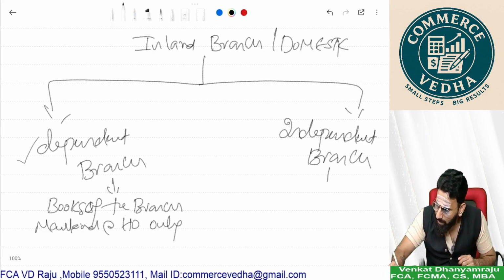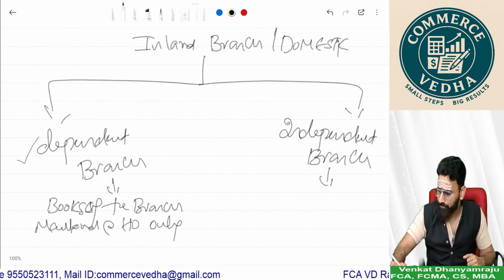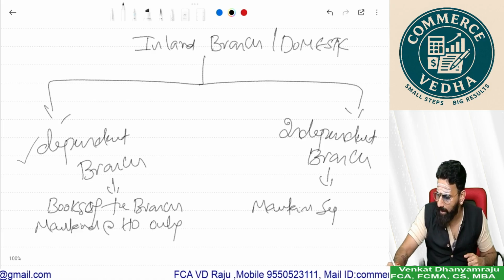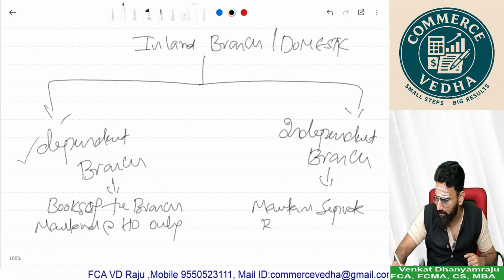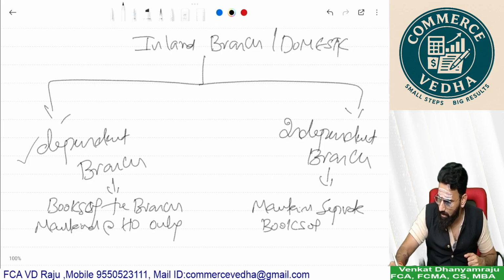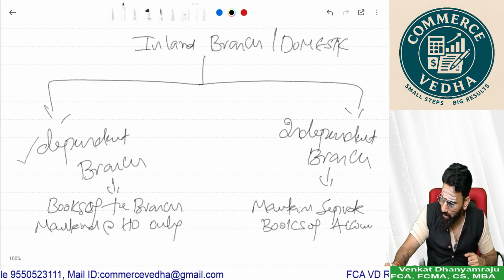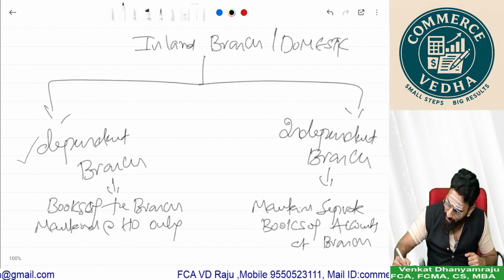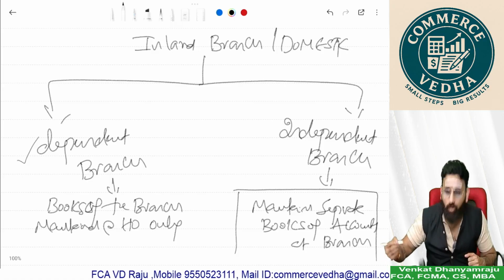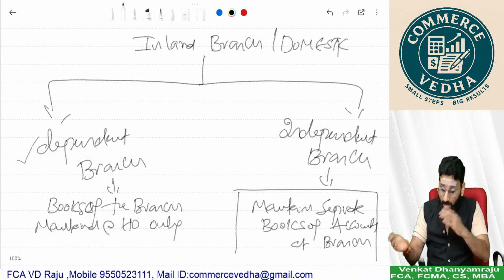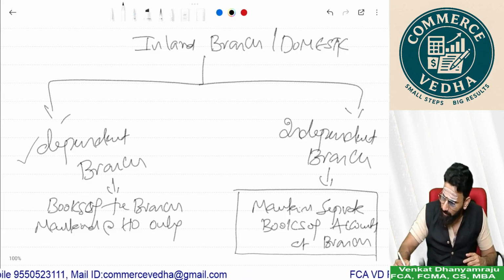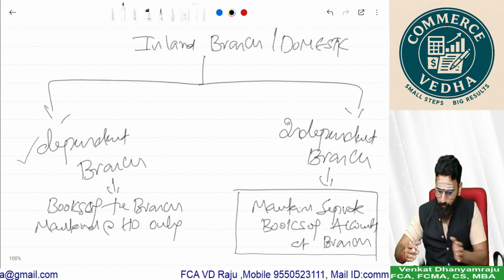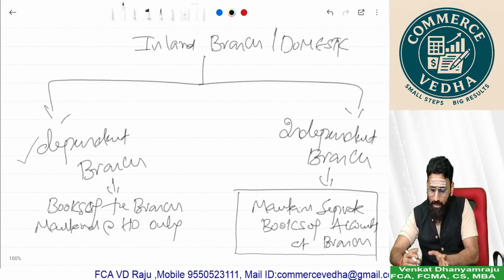And an independent branch maintains separate books of accounts at the branch. So it maintains detailed books of accounts at branch level, and at the end of the year the books will be sent to HO for consolidation. So the first part is complete control.